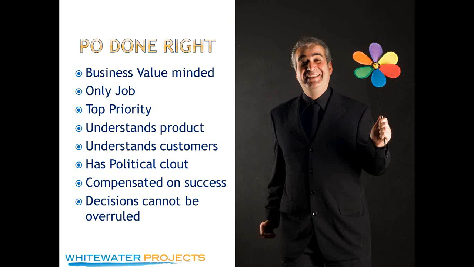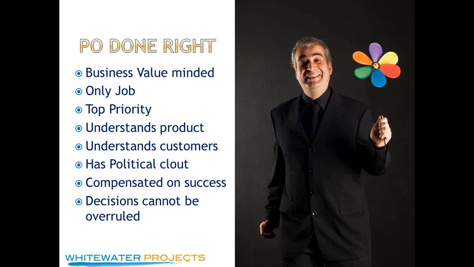So here it is, product owner done right. They are business value minded. It is their one and only job. It is their top priority. That person understands the product inside and out, both technically and from the customer perspective. They understand the customers. What are their needs, wants? What are their burning needs and compelling desires, right?